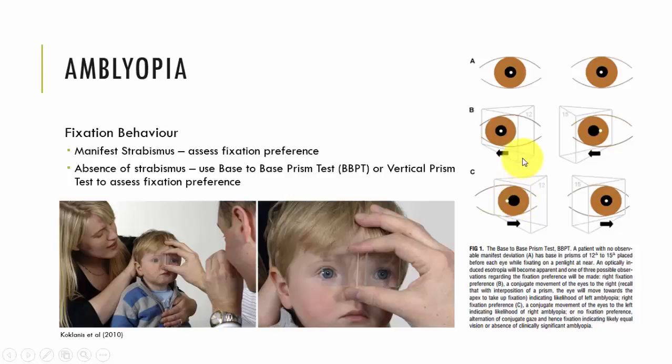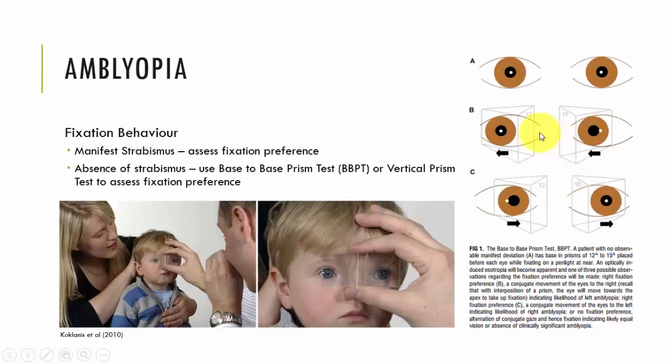The other alternative is that the patient flips between this position here, where the patient is fixing with the right eye, and then alternates to fixing with their left eye. So there's three possibilities. One, the patient prefers right fixation, which may indicate a reduction in left VA. They prefer left fixation, which indicates there may be right amblyopia.